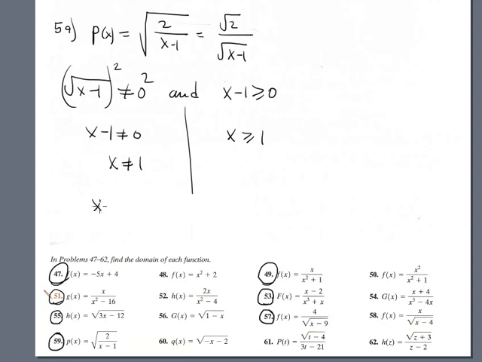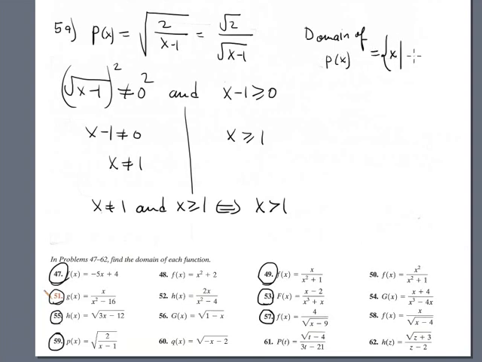The combination x different to 1 and x greater than or equal to 1 is just equivalent to saying x greater than 1. Therefore, the domain of p of x is all real numbers such that x is greater than 1.